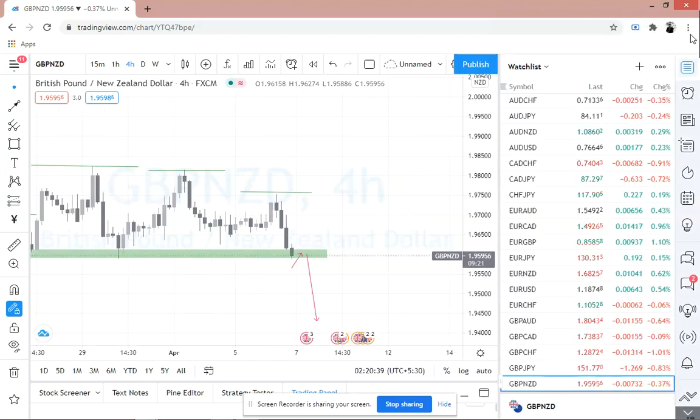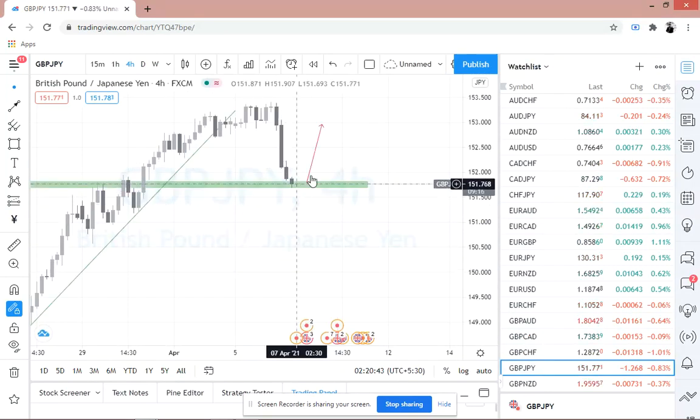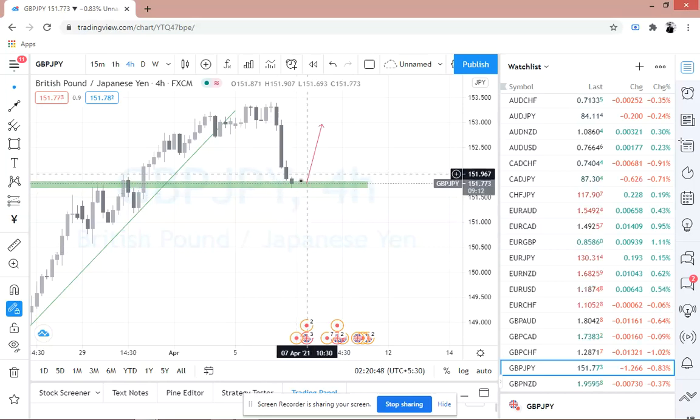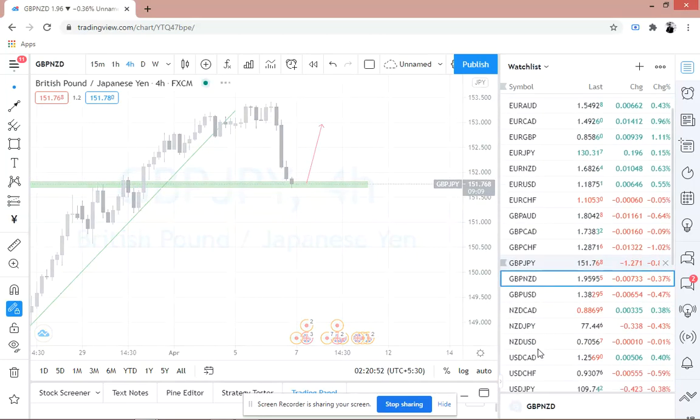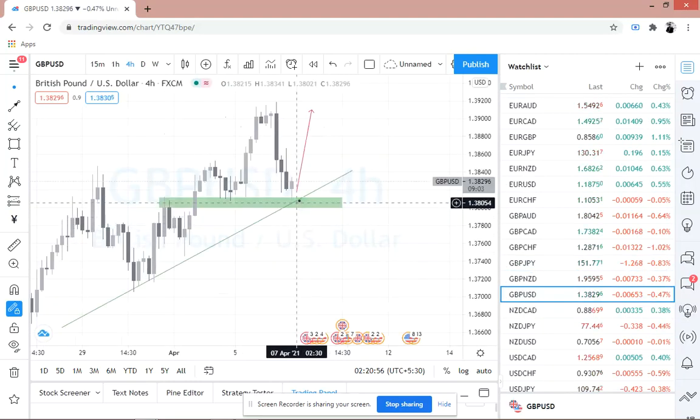Same thing can happen to all of this. If there's no green candle, it might go down. Now the market is making a hammer candlestick.